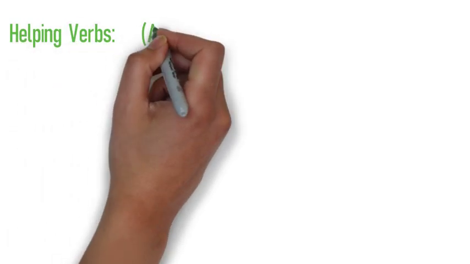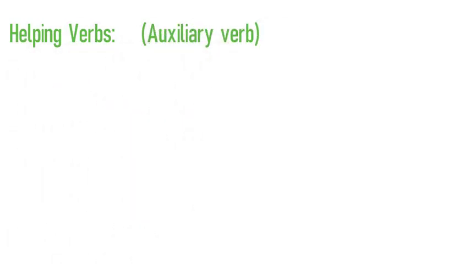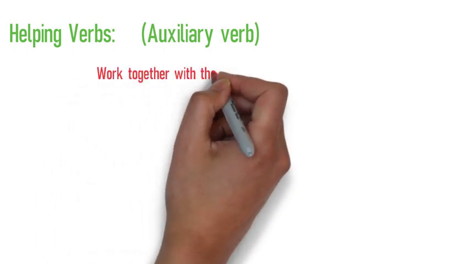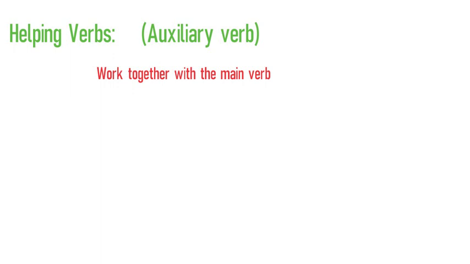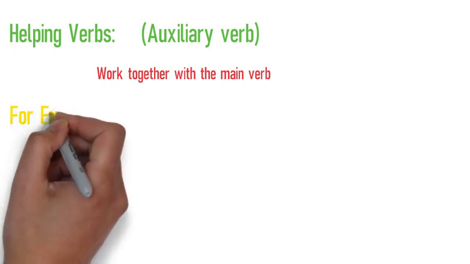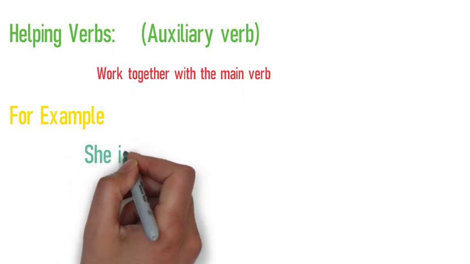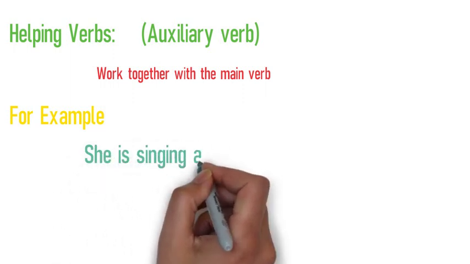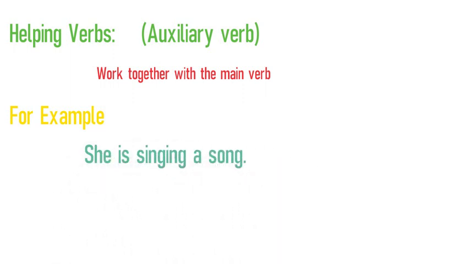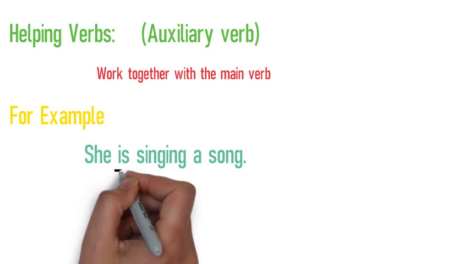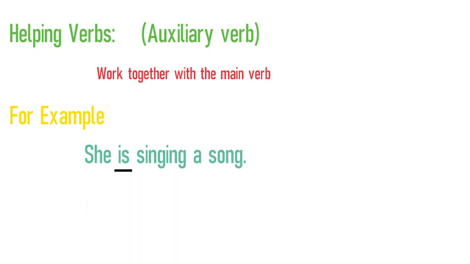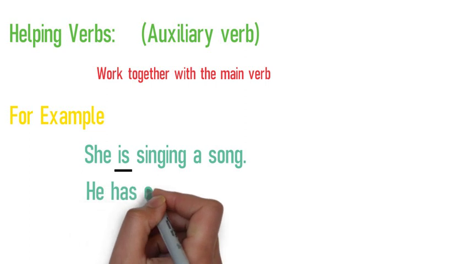Helping verbs and auxiliary verbs. These are verbs that work together with the main verb to create different verb tenses or moods. For example, she is singing a song. The helping verb is is used with the main verb singing to form the present continuous tense.